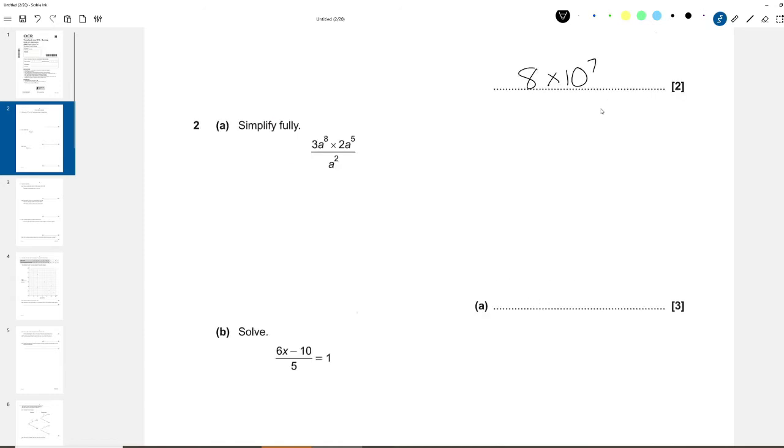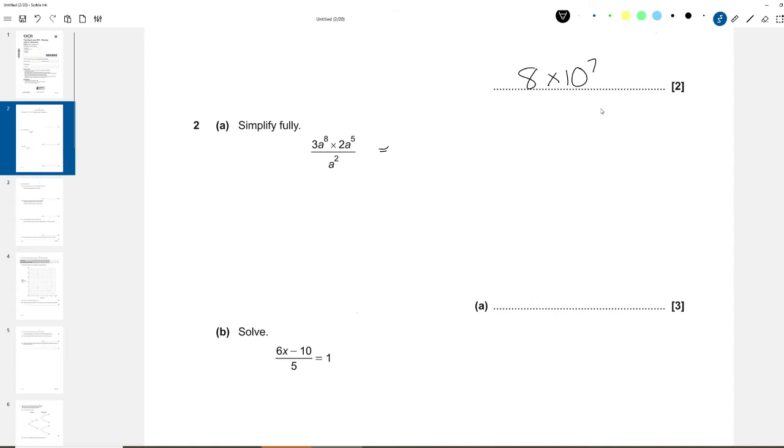Here is question 2a. So with these types of questions, you've got a fraction, the numerator and the denominator. What you need to make sure you do is simplify the numerator first, simplify the denominator, and then you divide. So the first thing I'm going to do is simplify my numerator.